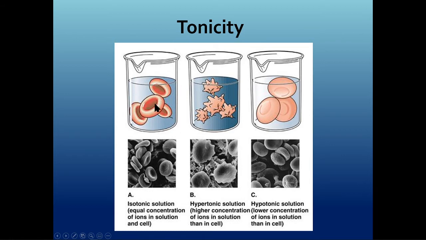We said that most of it is liquid. If the water content is the same on both sides, inside the cell and outside the cell, then we don't have a concentration gradient. So we say we are in equilibrium. So in an isotonic solution, the solution and the cells are in equilibrium.